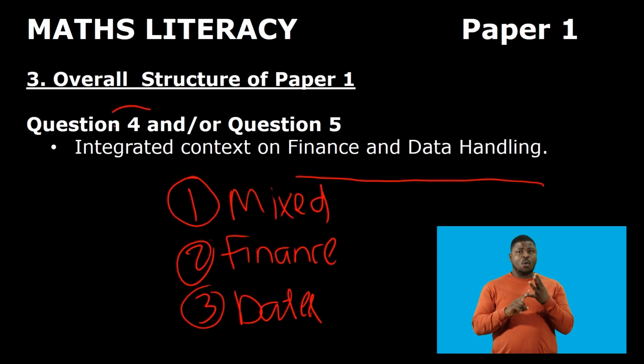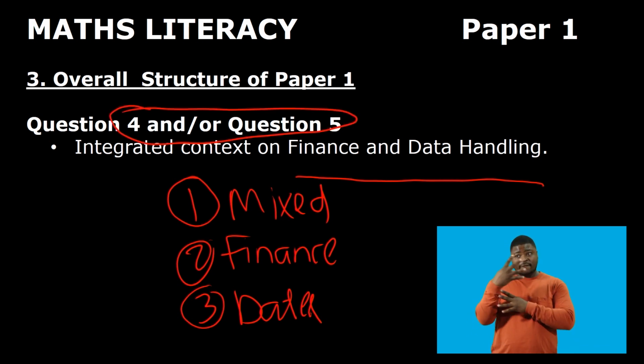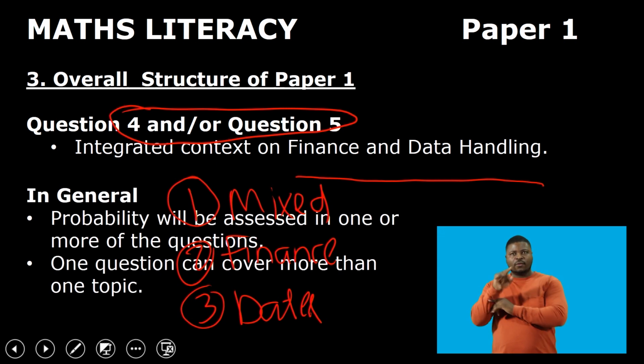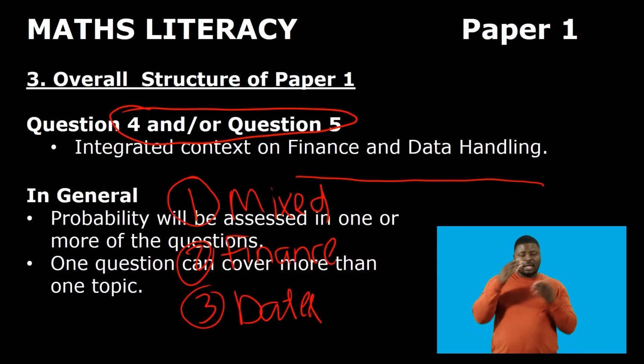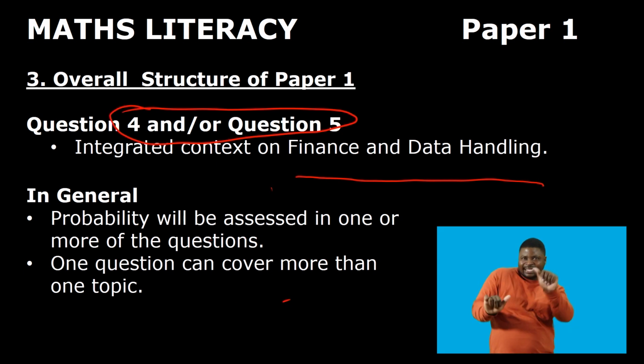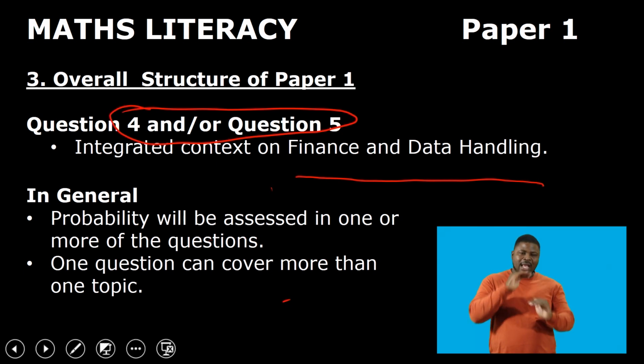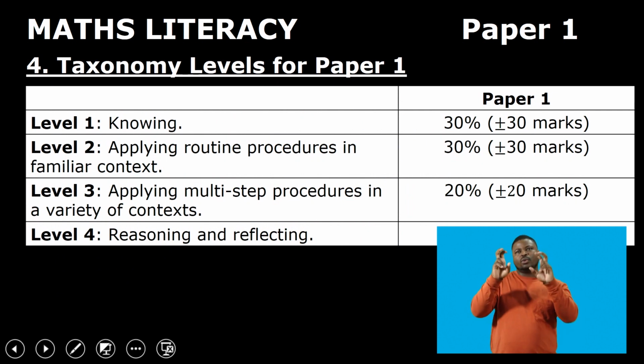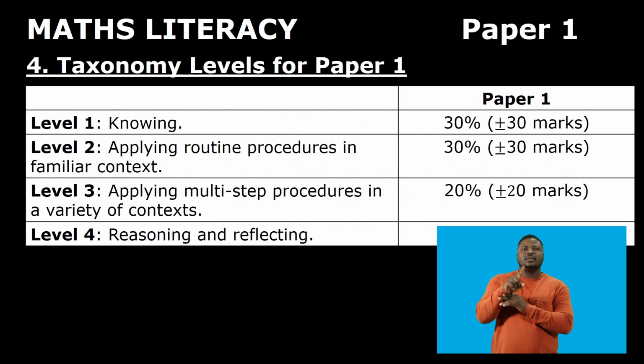And then questions 4 and 5 will be integrated. There it will be questions from levels 1 to 4. In general, probability will be assessed in one or more of the questions, and questions can cover more than one topic.